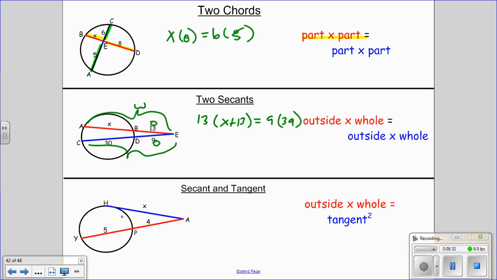And then on the last case, you have a secant and a tangent. The outside times the whole will equal the tangent squared. So in other words, 4 times the whole thing, which is 9, is equal to x squared. Okay, so hopefully this sums it up just a little bit and makes it clear for you.